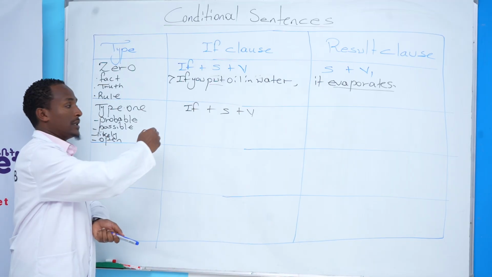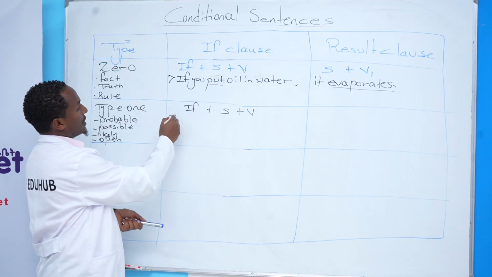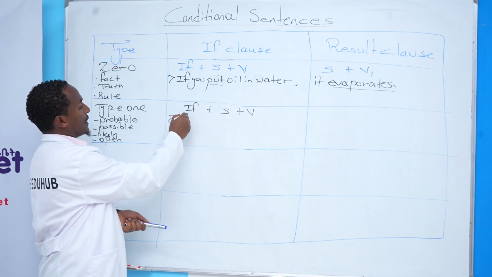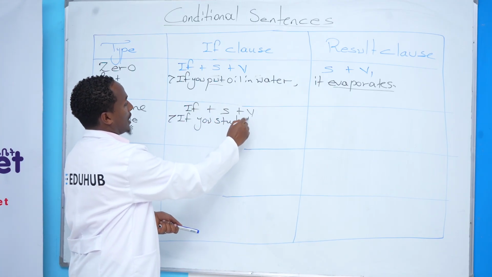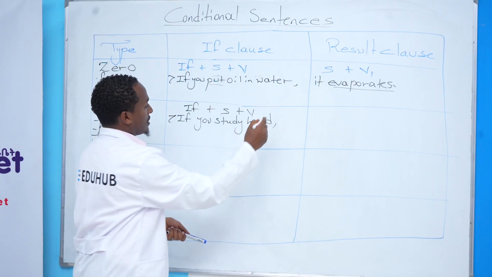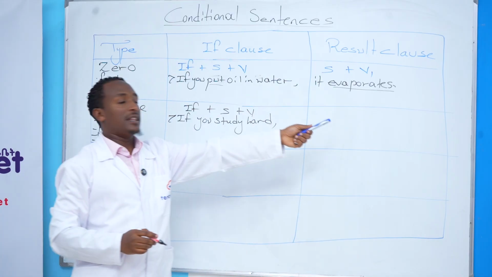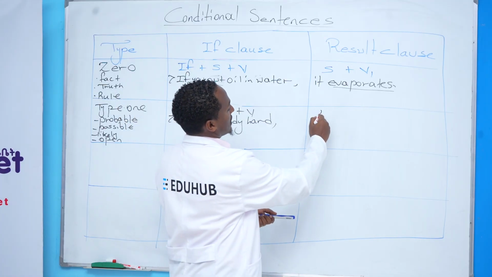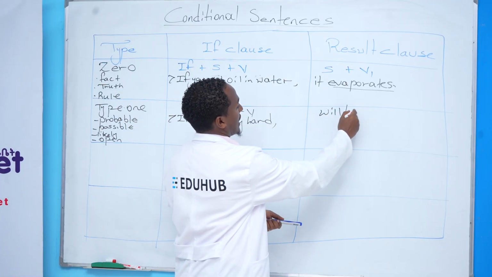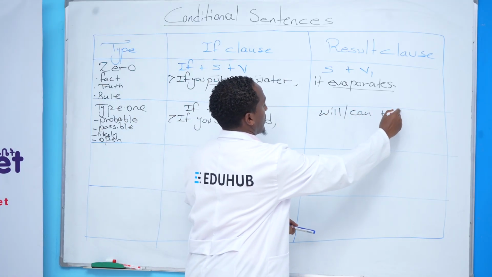For example, if you study hard, now what will be the pattern in the main clause? It is will plus verb 1. Okay, will or can plus verb 1.